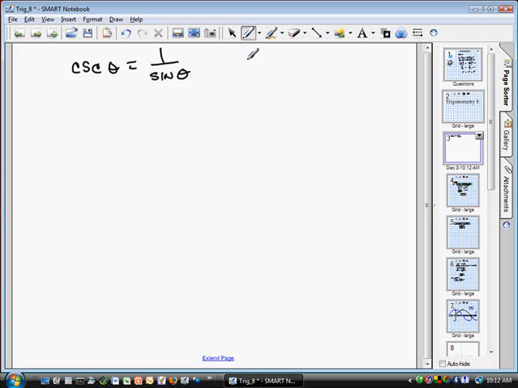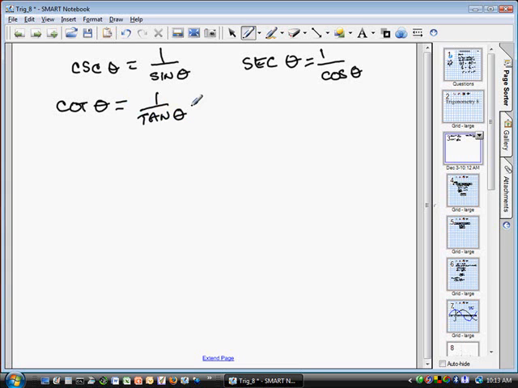You already knew that. And I taught you that the secant is 1 over the cosine of theta. And I taught you that the cotangent is the reciprocal of the tangent. Those are sometimes just called the reciprocal identities.